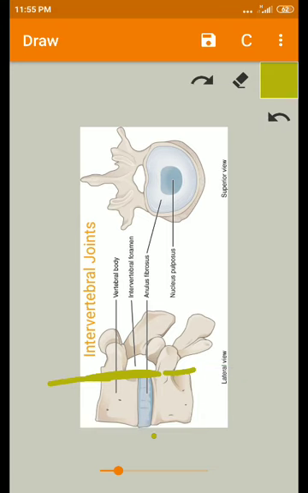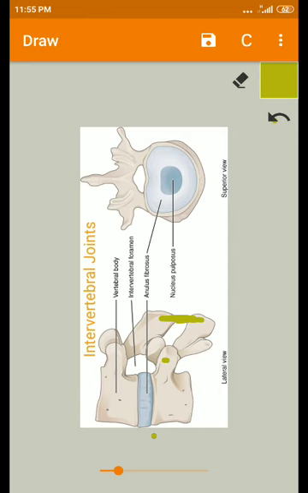The other ligaments are the intertransverse ligaments. Intertransverse ligaments, for example, run from transverse process to transverse process. These ligaments connect adjacent transverse processes. Then there are the interspinous ligaments, from spine to spine.